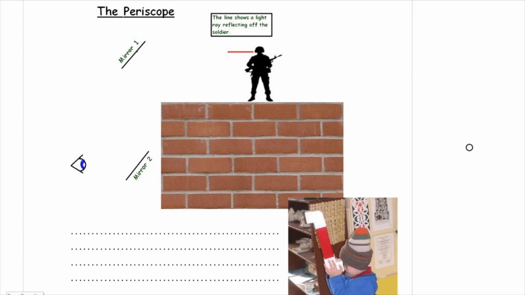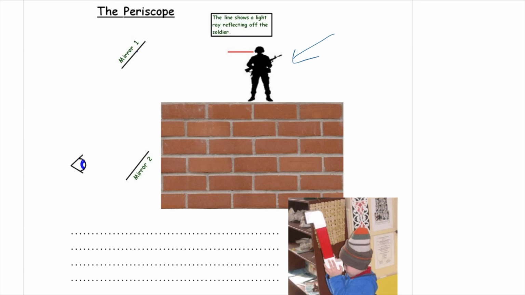It can be used if you're in a large gathering, like a sports ground watching a game of football or rugby, and you want to see over the top of someone. Used in battle. Used in the First World War, looking over the trenches, and that's why you've got a soldier just here.